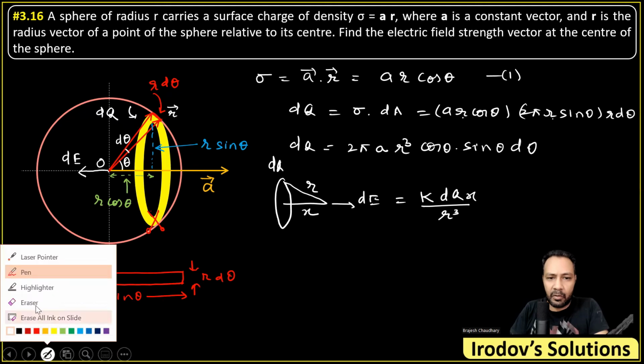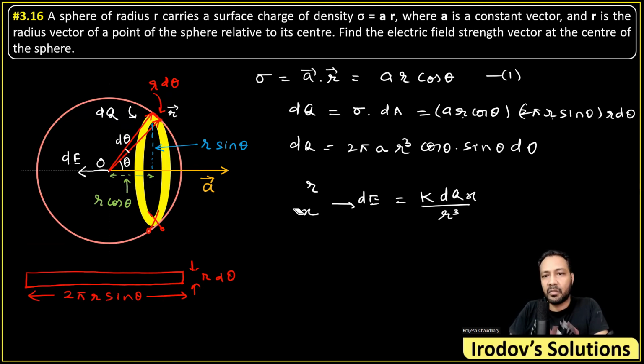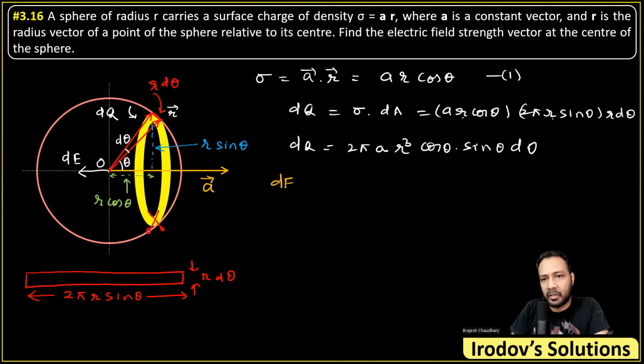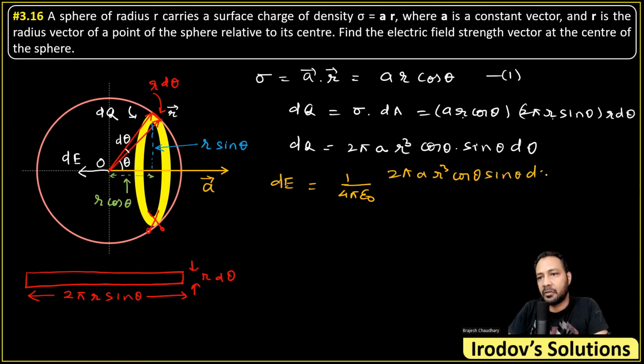I am going to use this result for that ribbon. So dE would be k, which is 1 by 4 pi epsilon naught, times dq, which is 2 pi a r cube cos theta sine theta d theta, into x, where x is r cos theta, divided by r cube.